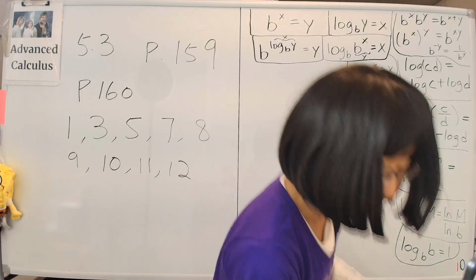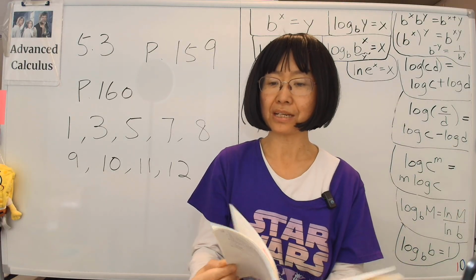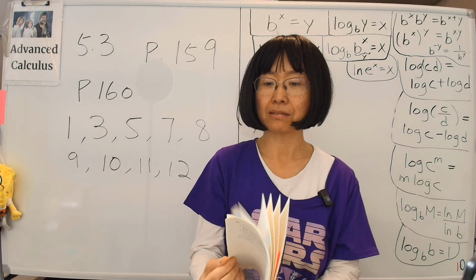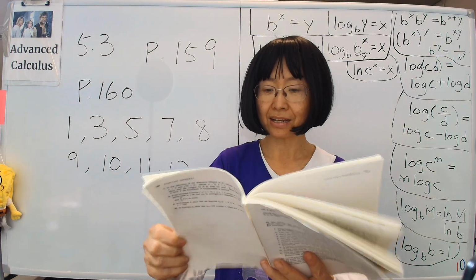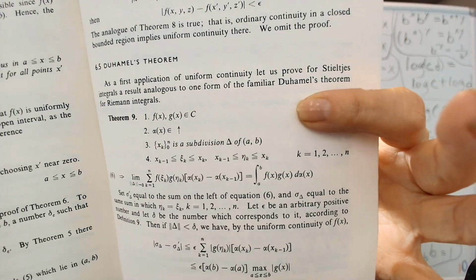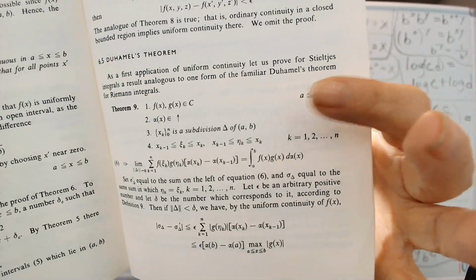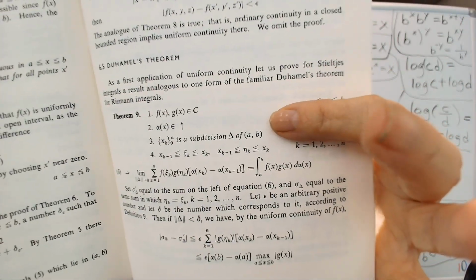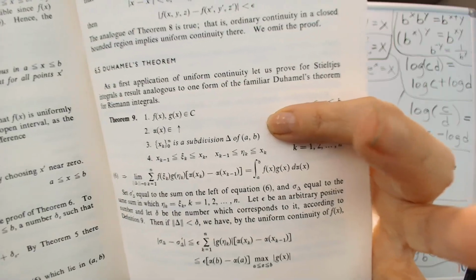The Duhamel's theorem on page 173 states that, first let's find it. Okay, here it is. We have the condition, right now our alpha x is just x, so it is increasing.